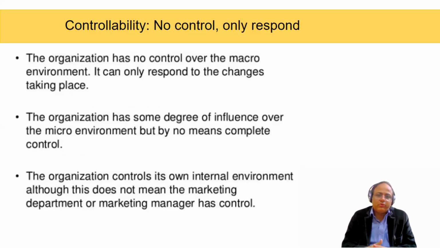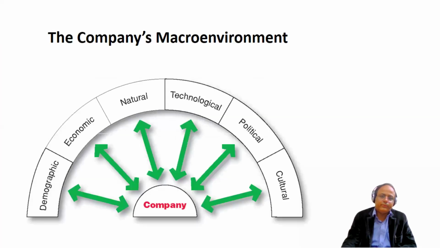That is beyond our control. So we can only respond, we can't change it. So the organization has no control. We have some degree of influence over the microenvironment, but by no means complete control. So the organization can control its internal environment only. It cannot control the external environment.